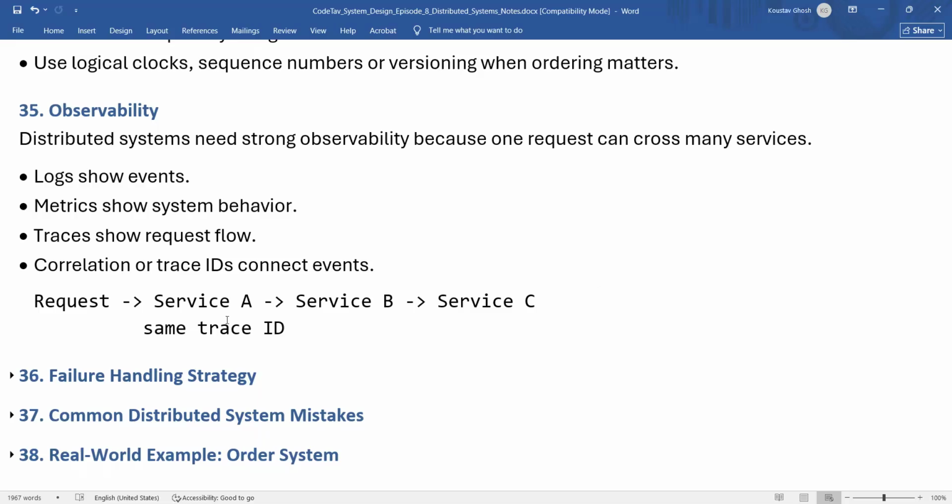A trace ID can help us connect the logs from multiple services belonging to the same request. With the combination of logs, metrics, and traces, we can get a proper idea and observe the request flow.